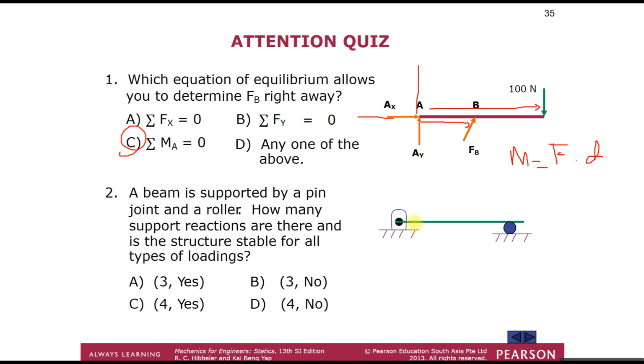This pin allows rotational movement, so it doesn't hinder rotation, but it doesn't allow any translation of movement. And we have a roller here. So this is the type of reaction forces that we have.